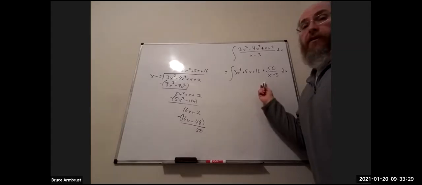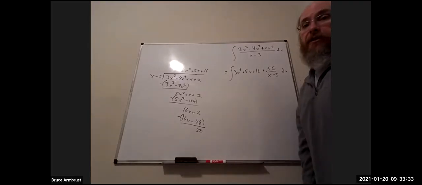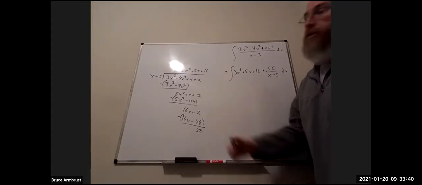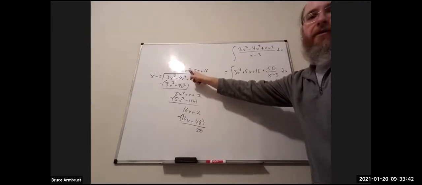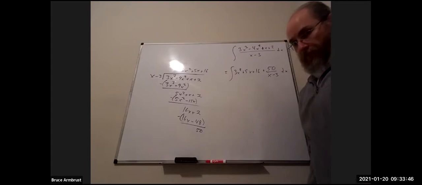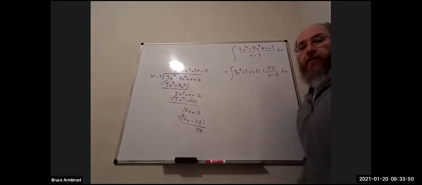So before I do the integral, any questions on my polynomial long division? And I just realized I put the quotient in the glare of the light. I apologize there. So this should say it's 3x squared plus 5x plus 16. Okay, so there's the algebra. Now let's do the calculus.